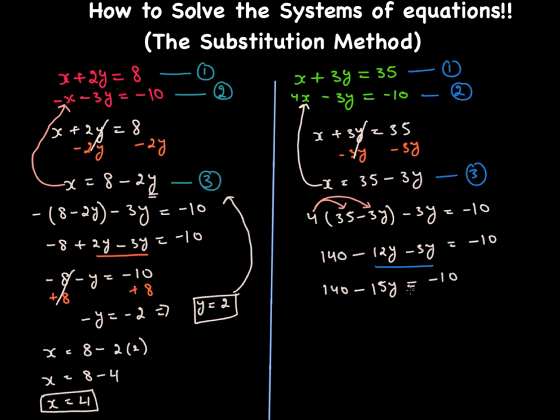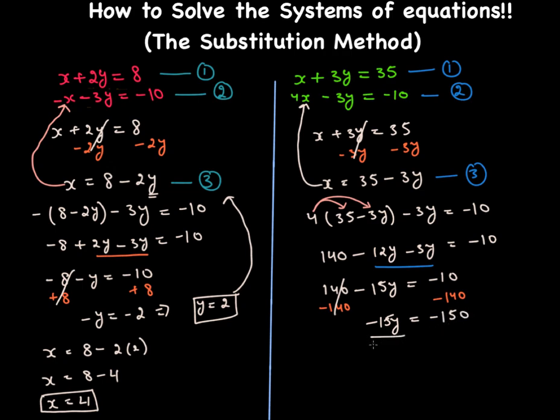So we want to get rid of this 140. What should we do here? This is positive 140, I'm gonna subtract it, and I'm gonna do it on this side too. Remember, both sides. So positive 140 and negative 140 cancel out, and this gives me negative 15y is equal to negative 150.